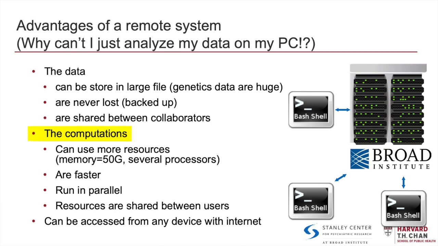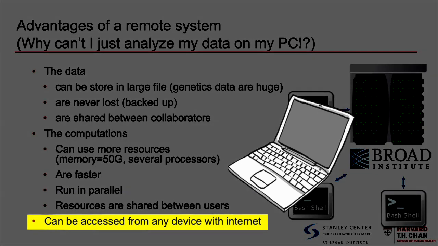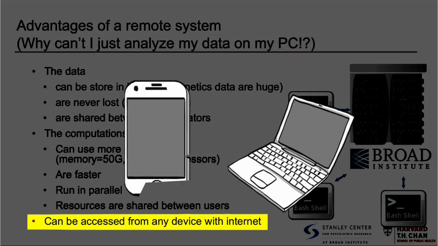And then, as I said, the resources are shared between users. And the last advantage is you can access a remote system from any device with internet. So for example, you can connect to the Broad server using your professional laptop, a personal laptop, or even your phone.